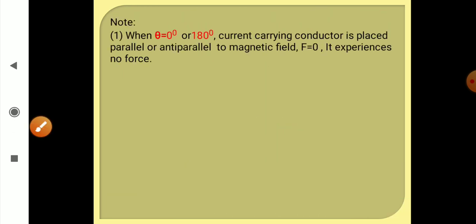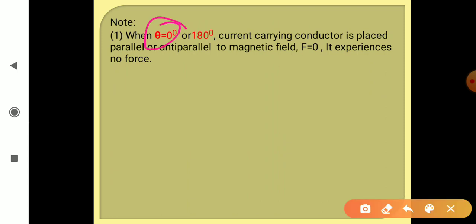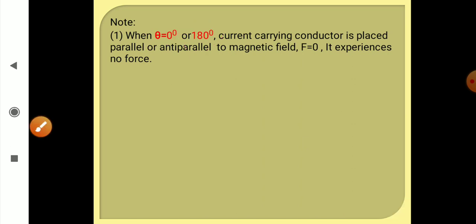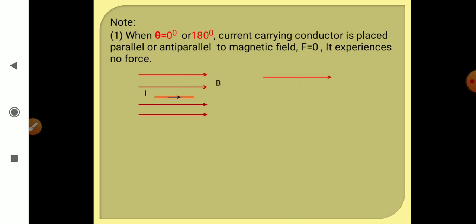So now let us take some special cases. When this theta is 0 or 180 degree, that means the conductor is placed parallel or anti-parallel to the magnetic field, and in that case force acting on it is going to be 0. So here we have taken a situation where the conductor is placed parallel to magnetic field.